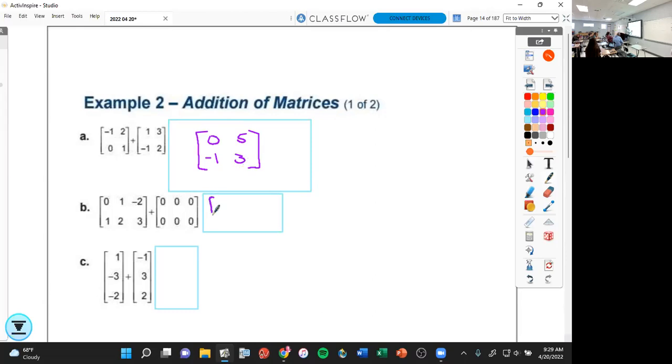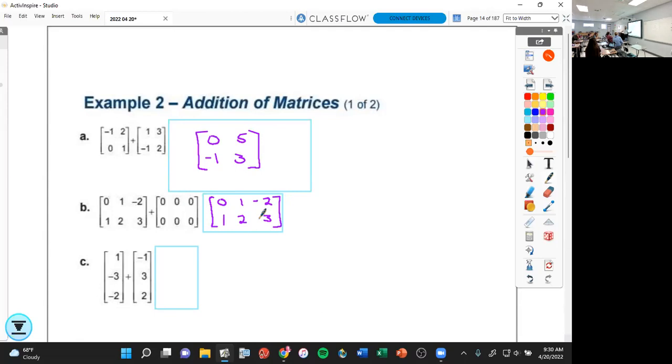All right. How about the answer? Or first of all, can we do B? 2 by 3, 2 by 3? What's the answer? Okay, the same as the first one. Any idea what this matrix might be called other than the zero matrix? A null matrix.